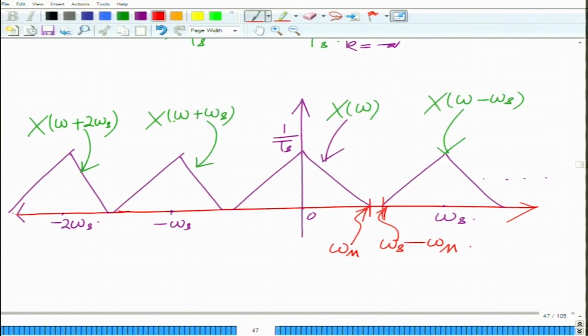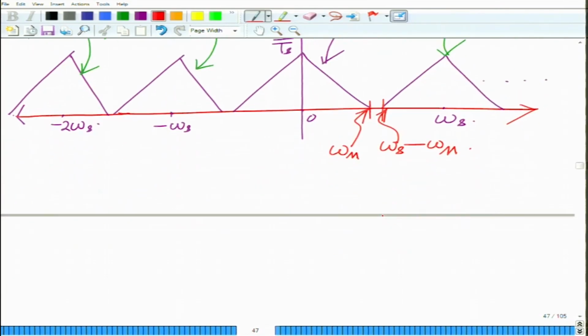Now, you look at this gap, if omega s minus omega m is greater than or equal to omega m, then you will have this gap, correct, which implies that these two spectral copies corresponding to X of omega and X of omega minus omega s do not overlap.